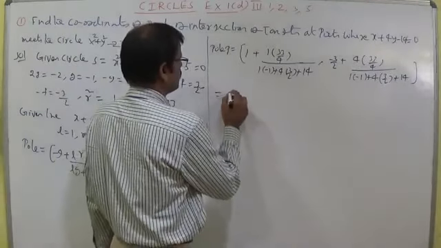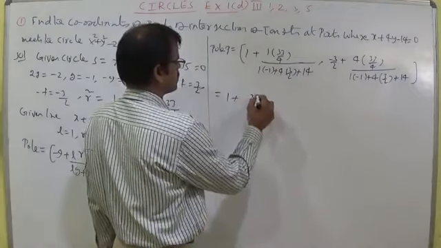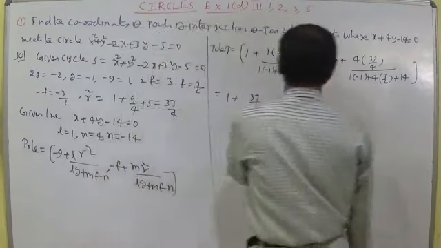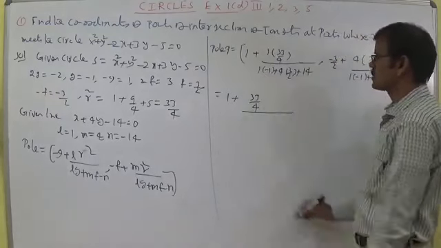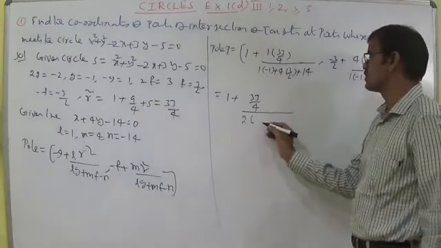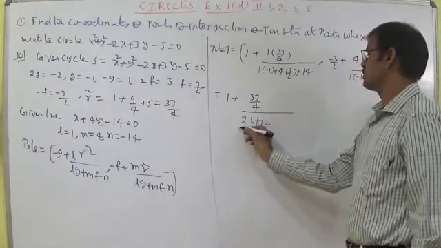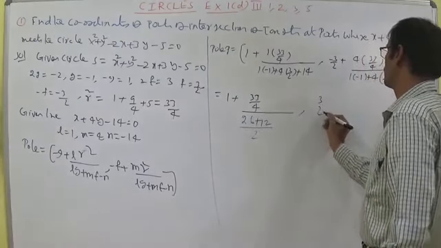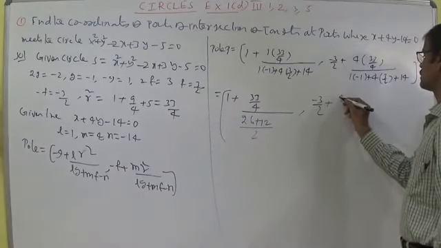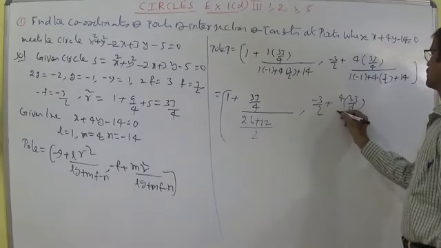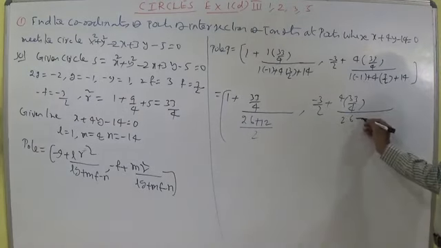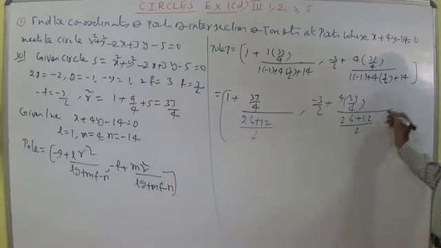That is equal to, here we can write 1 plus 33 by 4, whole by, take an LCM here: 14 minus 1, 13, 13 twos are 26, 26 plus 12, whole by 2, comma, here minus 3 by 2, don't cancel this one, 4 into 33 by 4, leave like this, by the same method, 14 minus 1, 13, 13 twos are 26, 26 plus 12 by 2.